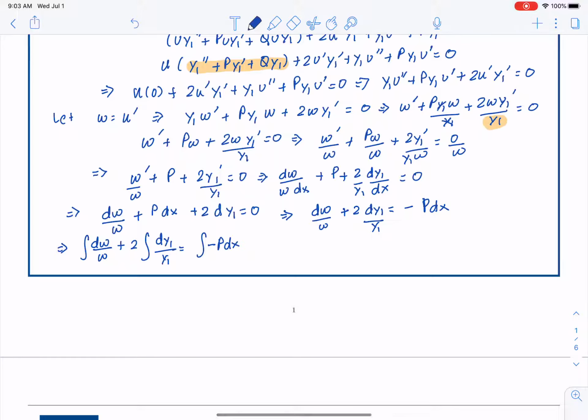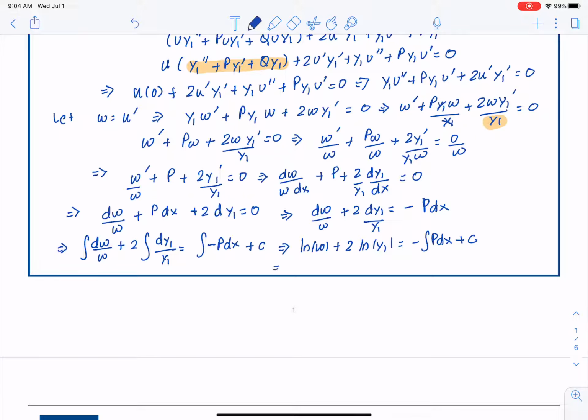And when we integrate it, we are going to get a constant. So the first integral would reduce to ln of w, second to ln of y1, equals negative integral p dx plus c.